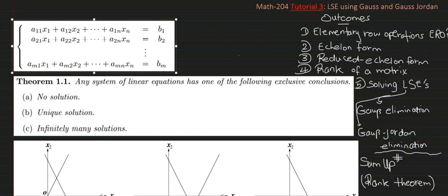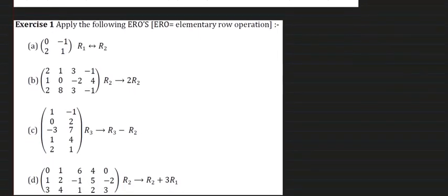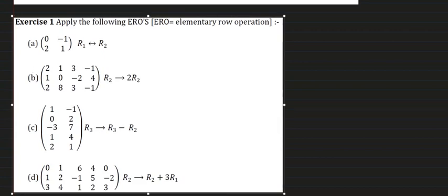Let's start with the first thing, which is the elementary row operations. Let's discuss what the possible operations are that we can apply over the rows of a matrix. We have basically 3 operations.